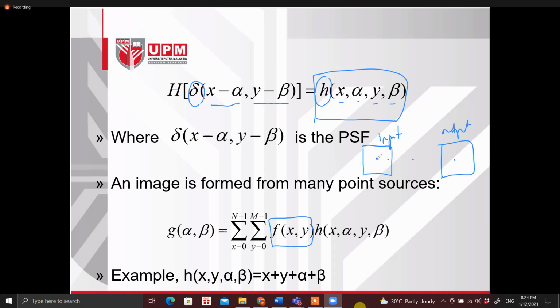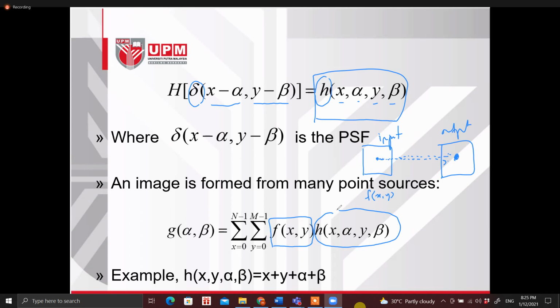We might have one point here, and in the output you might have a blob. So this input image, we call f(x,y). The factor that contributes to the degradation process is called h(x, alpha, y, beta).